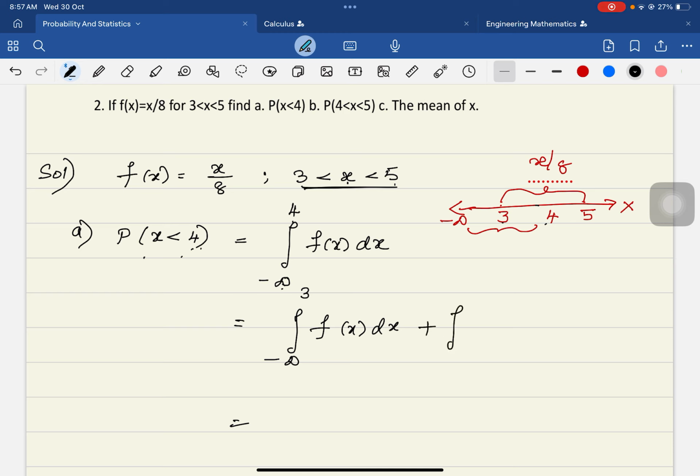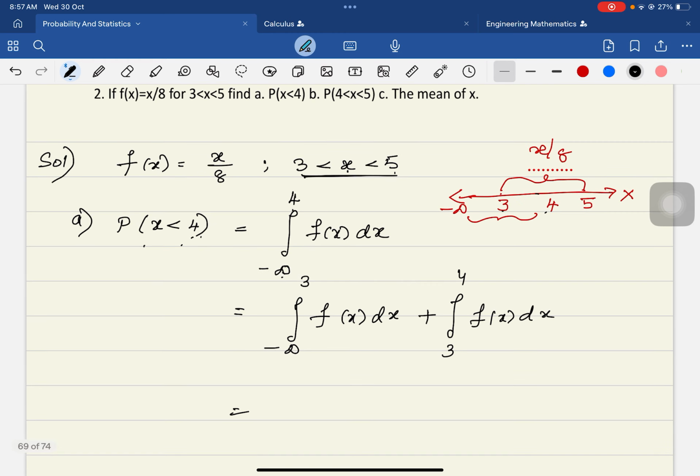The integral from minus infinity to 3, the value of the function is 0, correct? And the integral from 3 to 4, where x is lying between 3 and 5, f of x is defined as x by 8 dx.